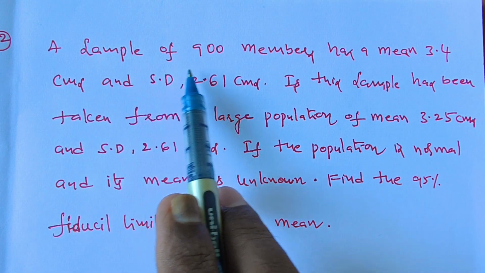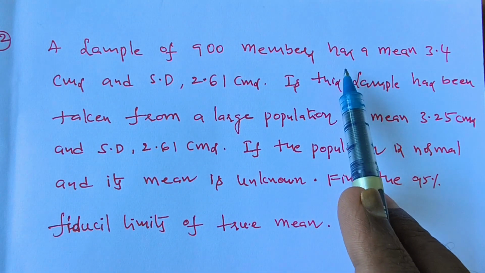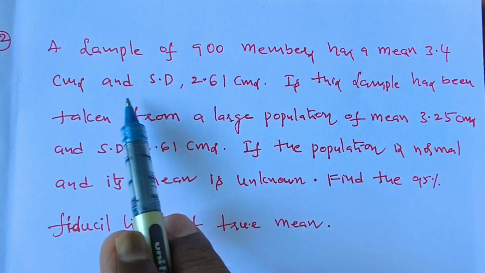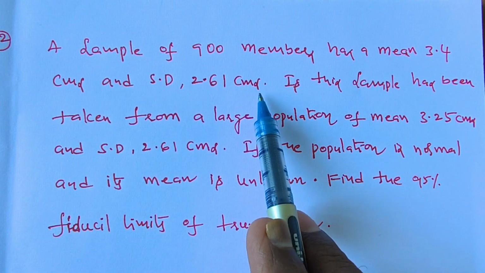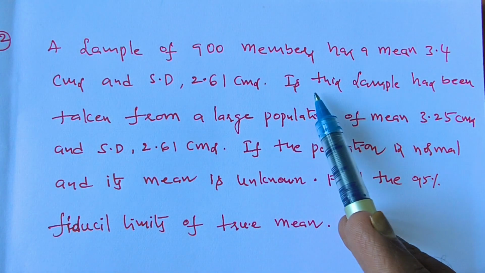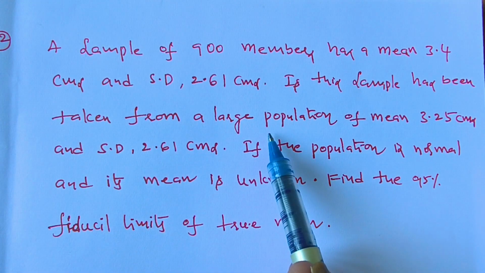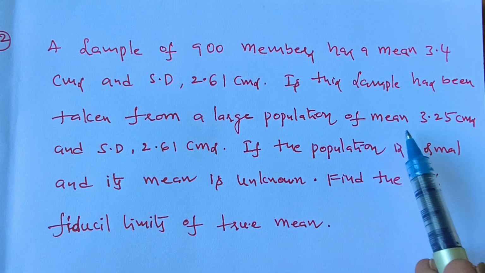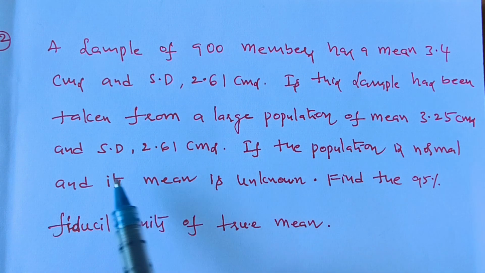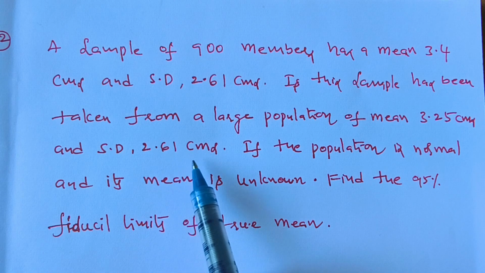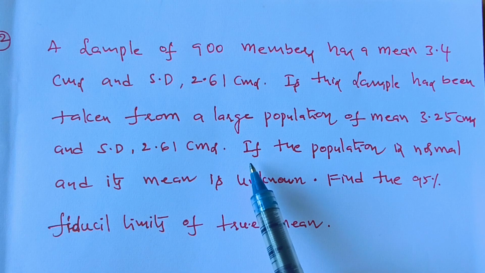Here we have the problem. A sample of 900 members has a mean 3.4 centimeters and standard deviation 2.61 centimeters. Has this sample been taken from a large population of mean 3.25 centimeters and standard deviation 2.61 centimeters?